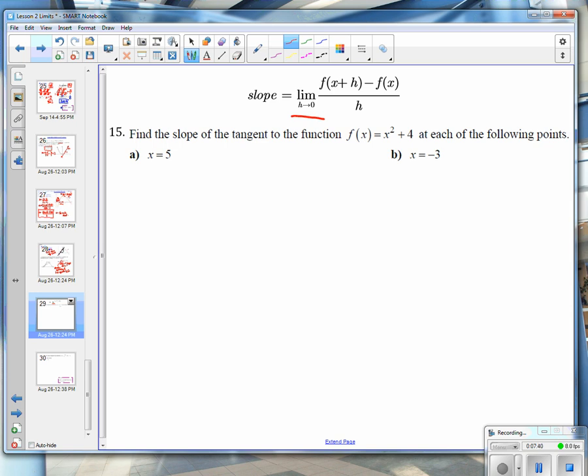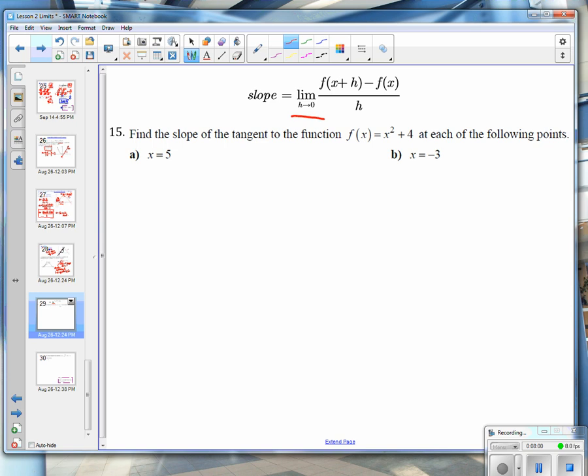So take a look at number 15. Find the slope of the tangent to the function f of x equals x squared plus 4 at each of the following points. So in this case, we know x is equal to 5. According to our formula, we've got f of x and f of x plus h.